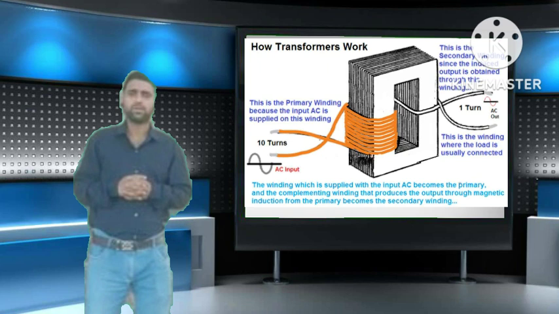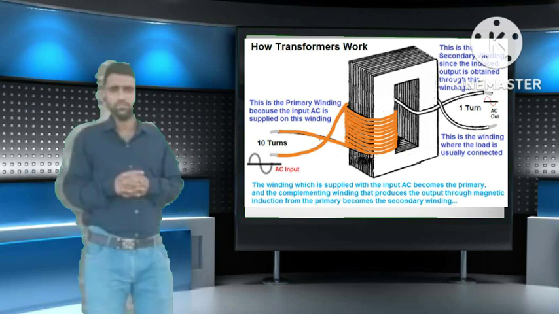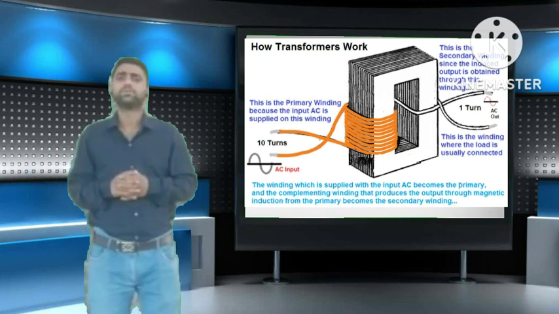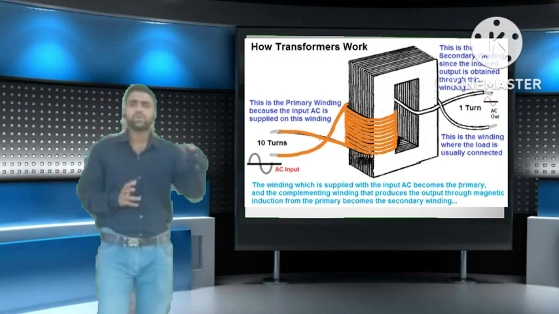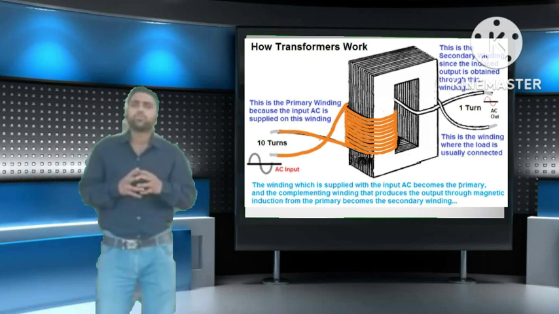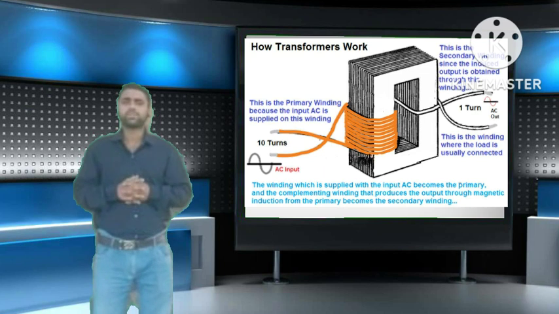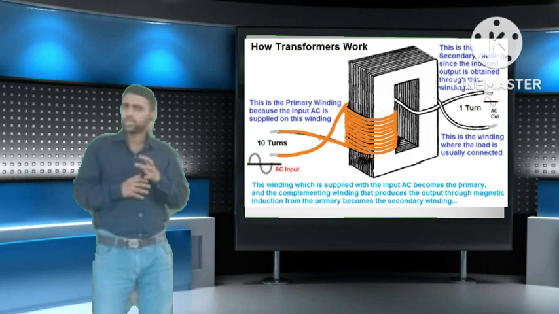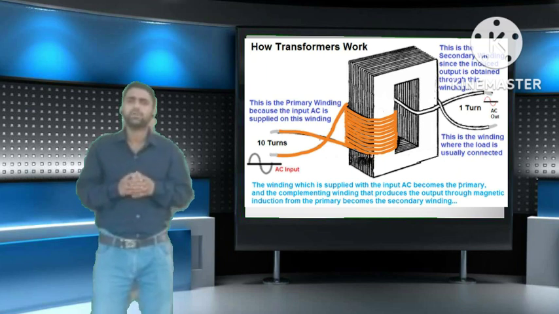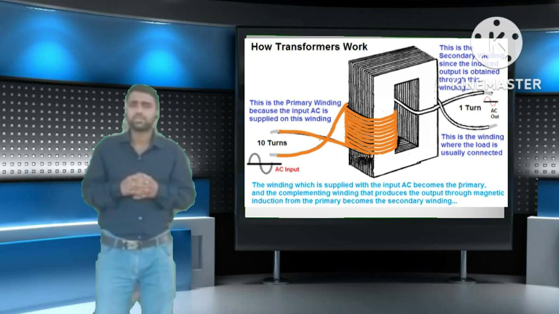As the flux is alternating, there will obviously be a rate of change in flux linkage with respect to time in the second coil. Naturally, EMF will be induced, as per Faraday's law of electromagnetic induction. This is the most basic concept of the theory of a transformer.